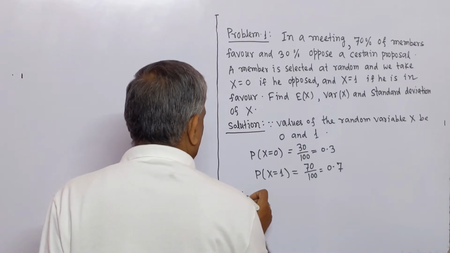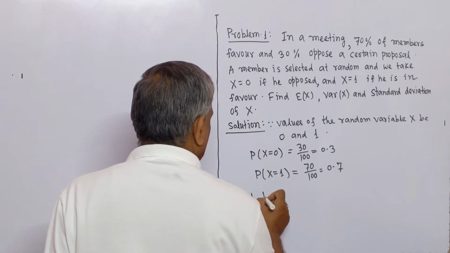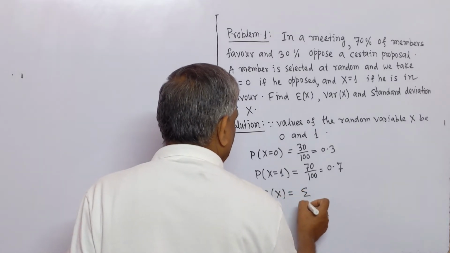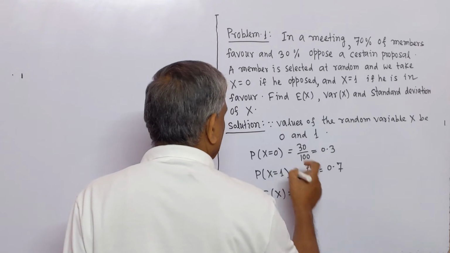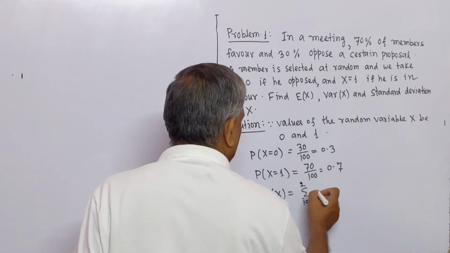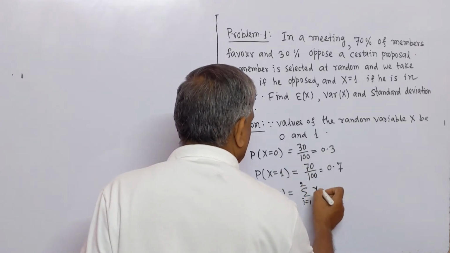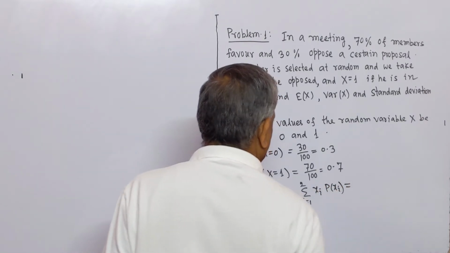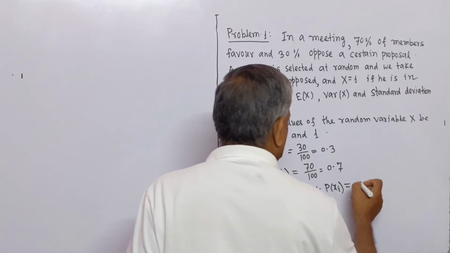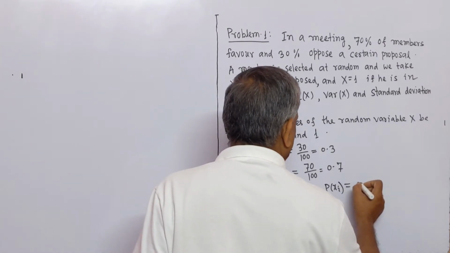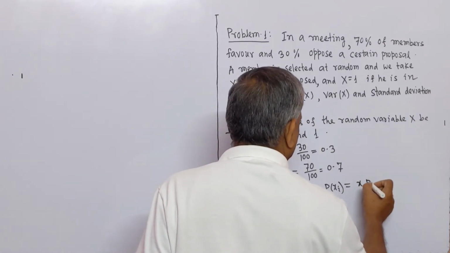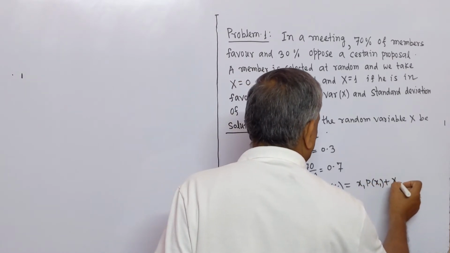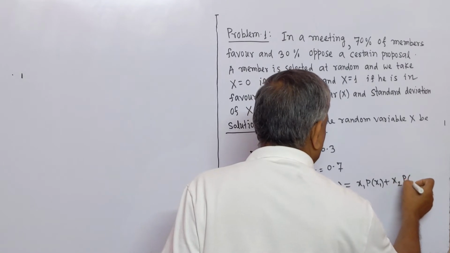Now E[X] is sigma i equal to 1 to 2, xi p(xi), that means x1 p(x1) plus x2 p(x2).